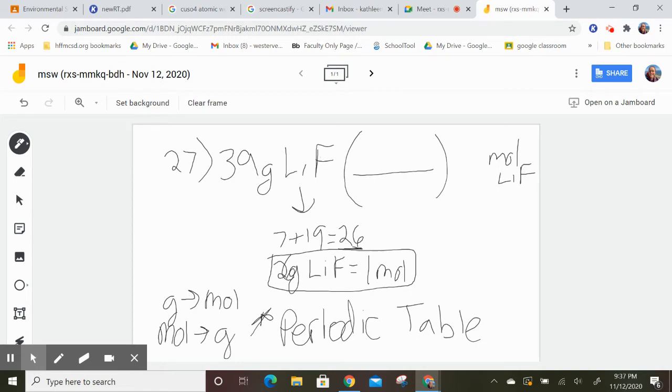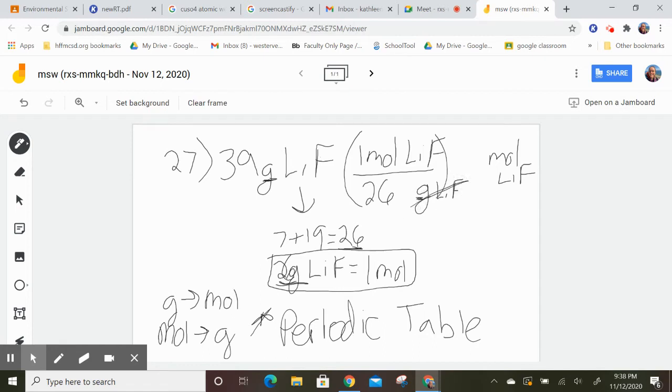So to cancel out our unit of grams, grams is in the numerator here, so we want to have grams in the denominator here. And this is the number associated with grams, 26 grams of lithium fluoride. I'm just going to write LiF there. Is equal to 1 mole of lithium fluoride. Since grams was on the bottom, moles has to go on top.